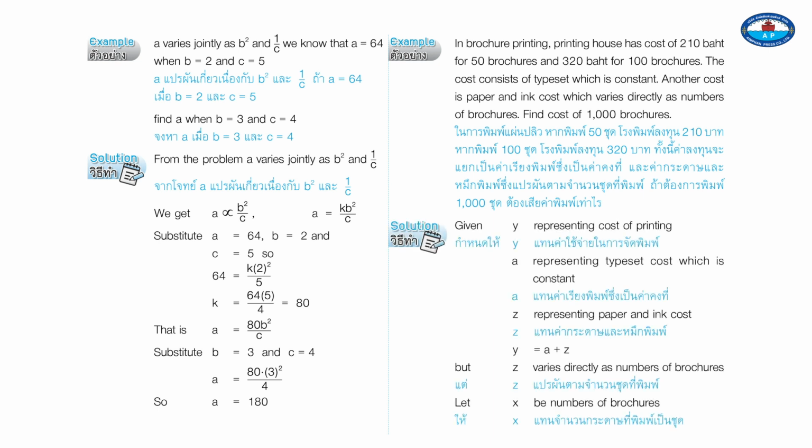Solution. Given Y representing cost of printing, A representing typeset cost, which is constant, Z representing paper and ink cost, Y equals A plus Z, but Z varies directly as numbers of brochures. Let X be numbers of brochures.